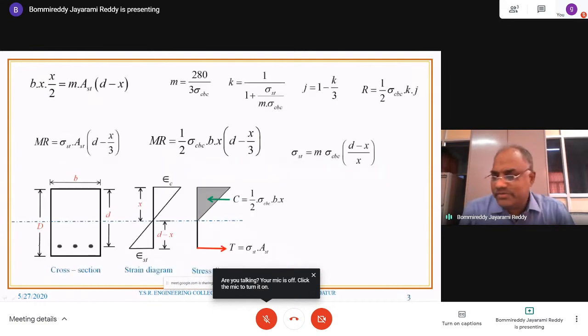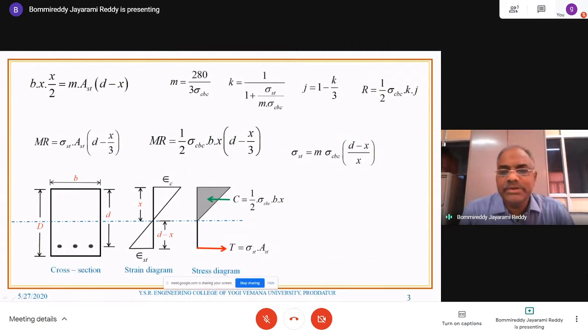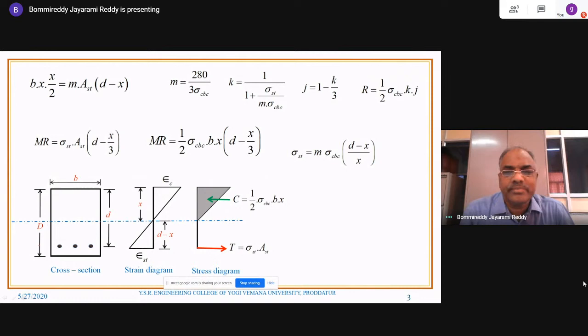In the last class, we have seen a complete detailed discussion on the outline of the concrete structures and working stress method of design, the various basic concepts. And now let us have a review, and then we'll move to solving numerical problems in working stress method of design.